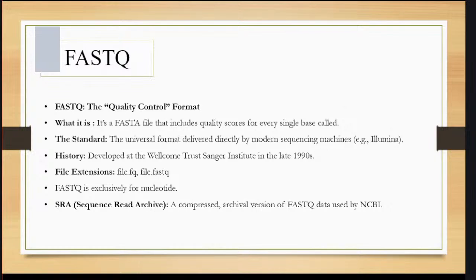So there is the SRA file format, which is a compressed version of FASTQ. This is present on NCBI, and you are going to use this SRA file from NCBI. You will be given information in the coming sessions about what SRA is, how to download it, and how to convert that SRA into FASTQ.